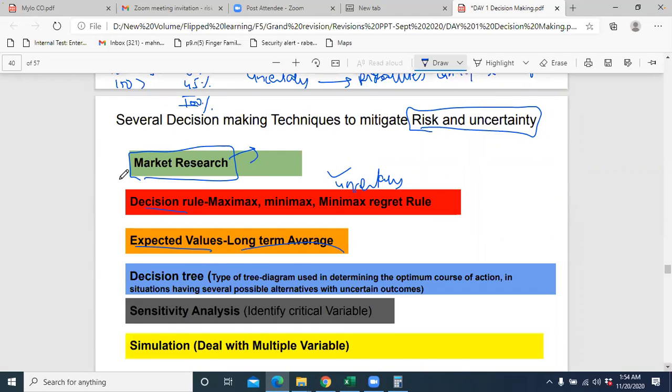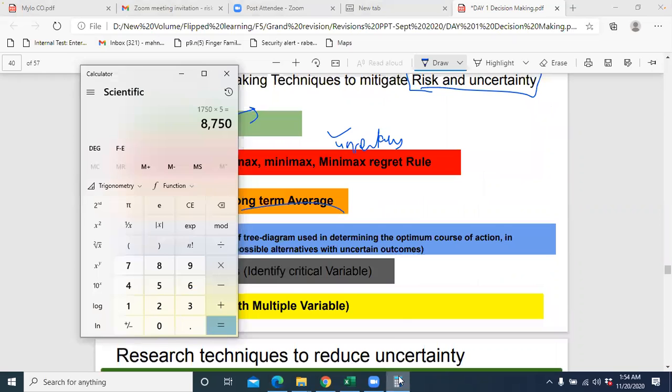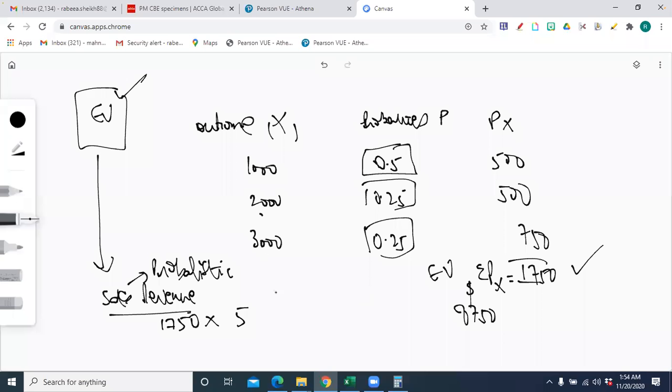Another thing, now talking about the decision rule, and also about the expected values. For example, there are two projects you're appraising. In the same way, the outcomes and probabilities are given to you. This is project P1 and this is project P2, and the outcomes and probabilities were given like this, right?